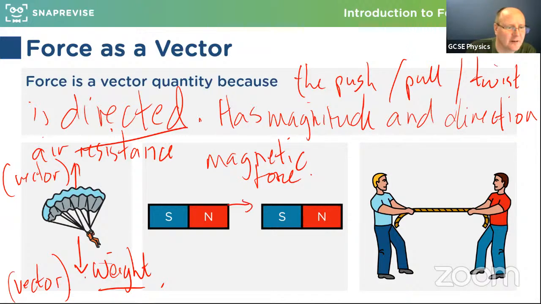So we've got that pole being pulled that way, this pole being pulled that way. And just to go back to the parachutist, are these forces on the parachutist contact forces or non-contact? What about air resistance, contact or non-contact?